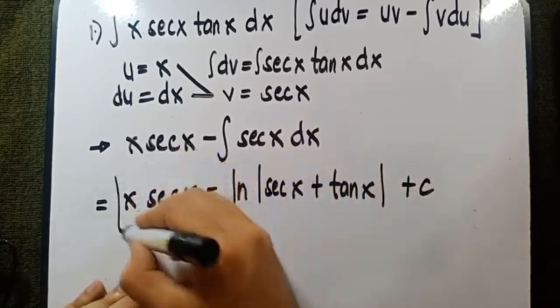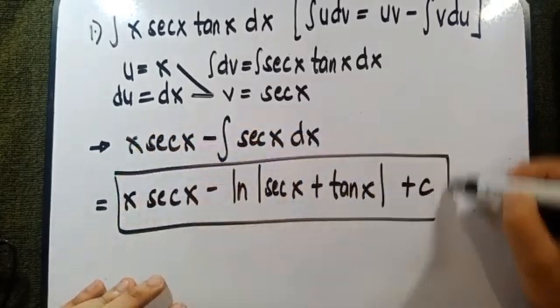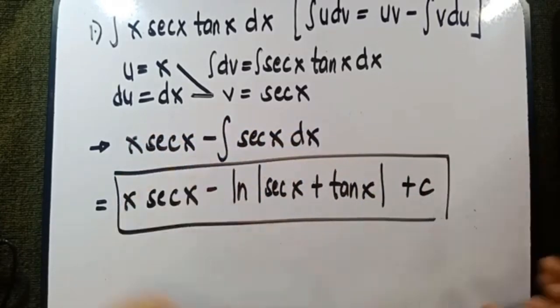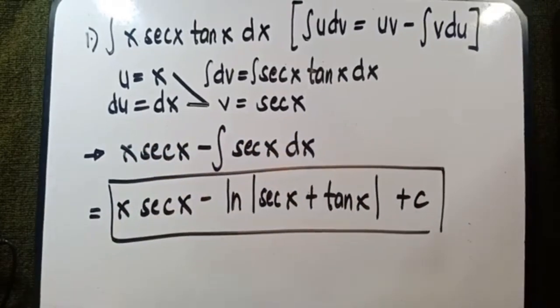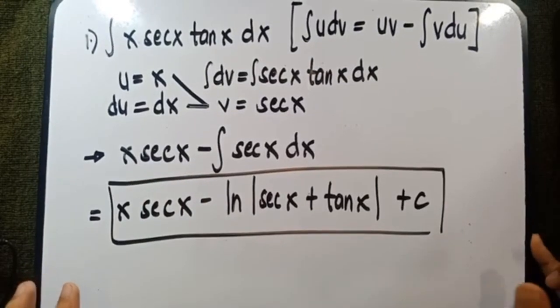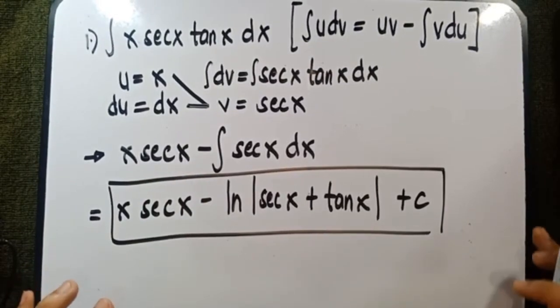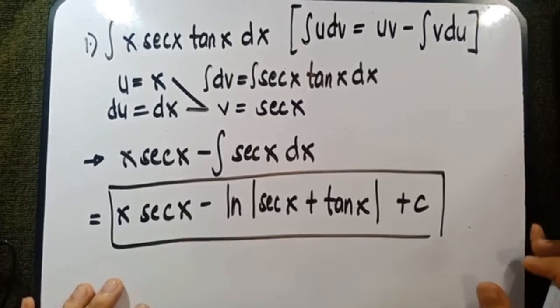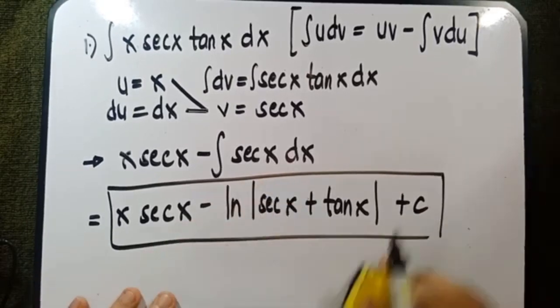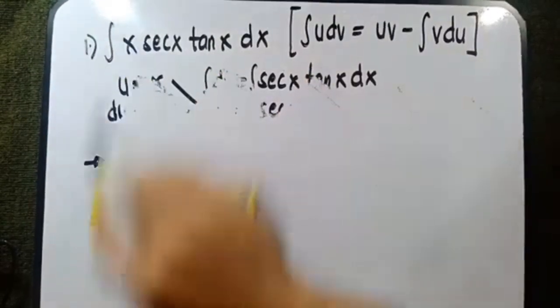And that is our final answer. Ganun lang kadali ang by parts, mga kaibigan. Kailangan nyo lang tandaan kung alin ba yung magiging u, alin yung magiging dv. Alright? So that is for example number 1. Let us have another example. Example number 2.